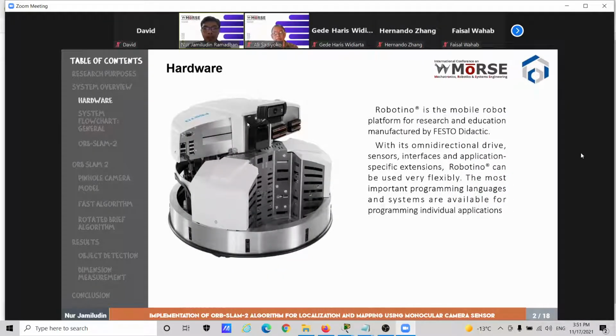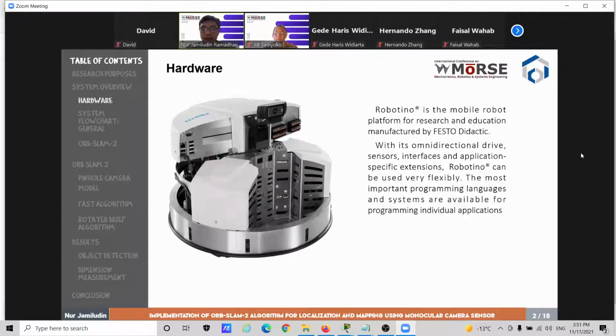This is the hardware used. We use the Robotino. Robotino is a mobile robot platform for research and education manufactured by Festo Didactic. With its omnidirectional drive, sensor interface, and application-specific extension, Robotino can be used very flexibly. The most important programming languages and systems are available for programming individual applications.